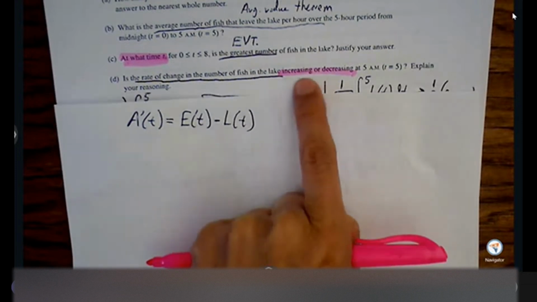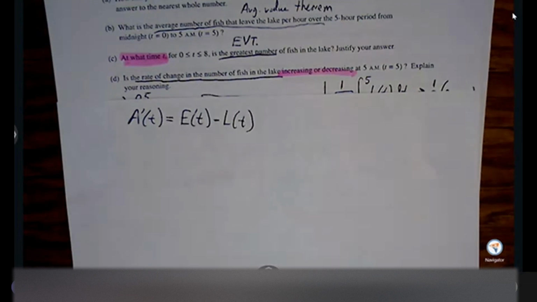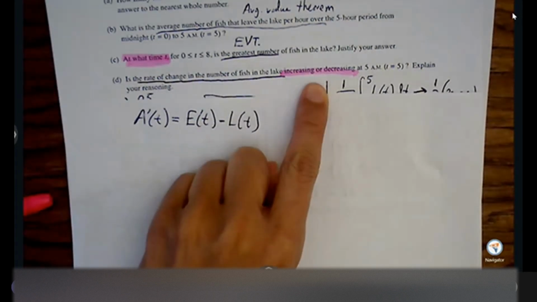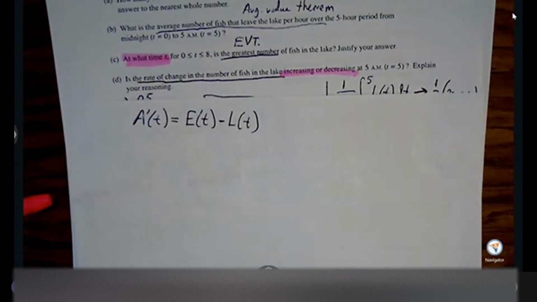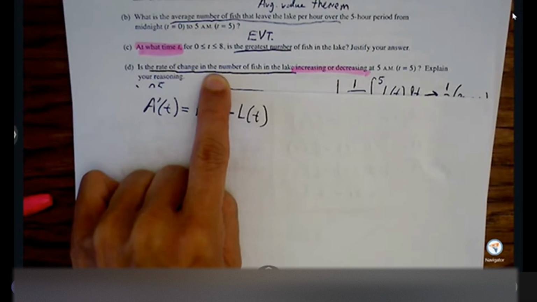It's very subtle, right? Because if they were asking for A prime of 5, then they would just say, is the rate of change in the number of fish positive or negative? Right. But here they use the word increase, decrease, which is a subtle way of saying, tell me the derivative of this value that we just described.